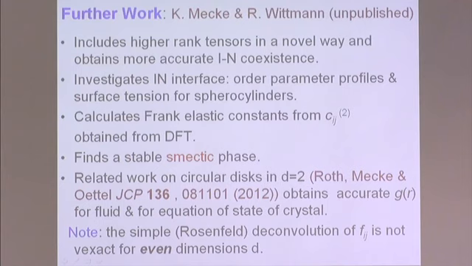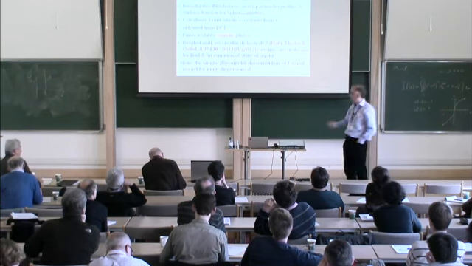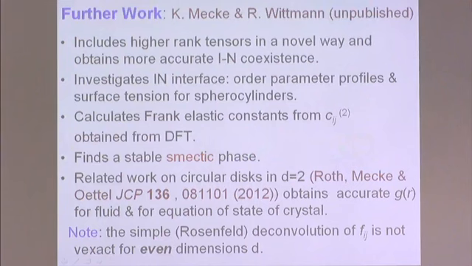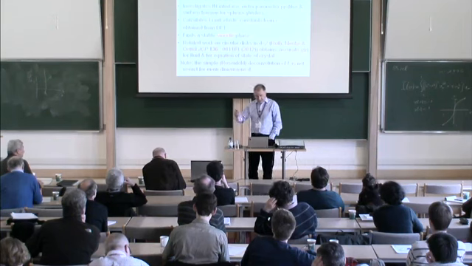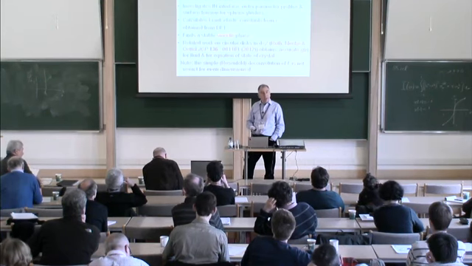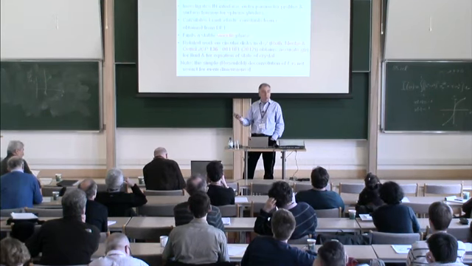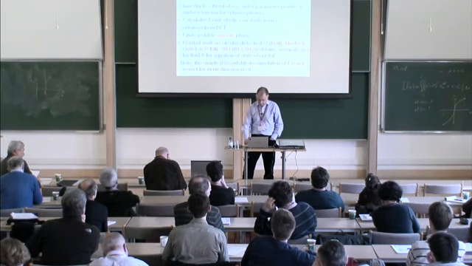They can calculate the Frank elastic constants by calculating the direct correlation functions. They take 2 functional derivatives of the free energy to get C, that gives the, and so forth. Turns out this is intimately related to stuff that goes on in 2-dimensional disks. You have to work hard to do the deconvolution of the Mayer function there as well.